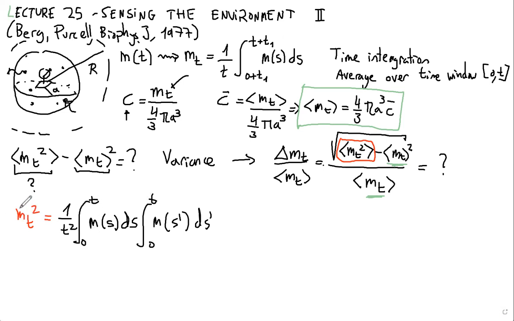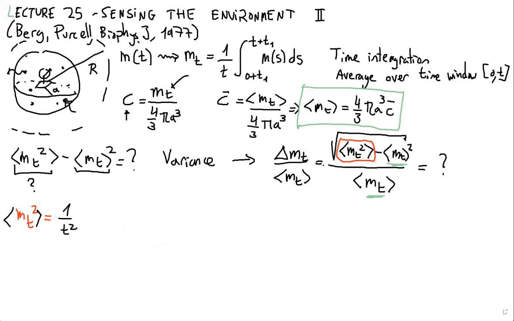Of course, if I want to do the average, this is deterministic, this is deterministic, so the average in reality will be of m_s times m_s prime, because m of t fluctuates. So then we can write this in a cleaner way.